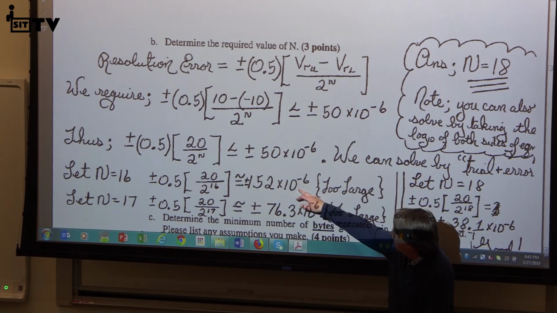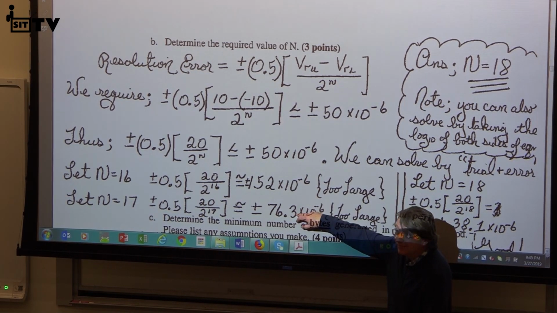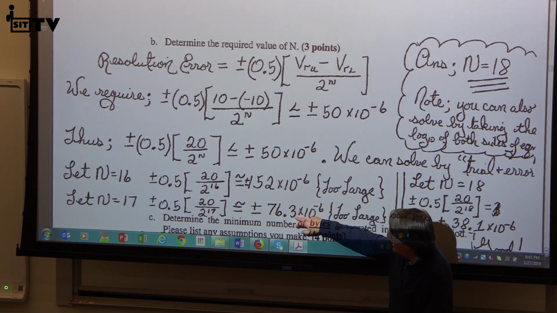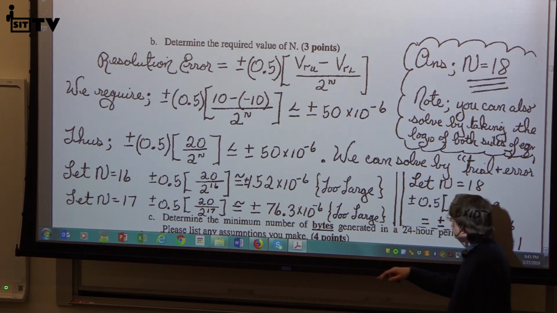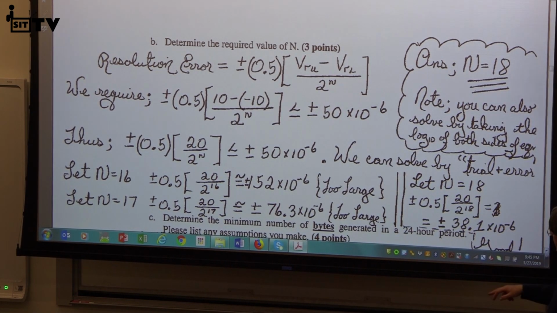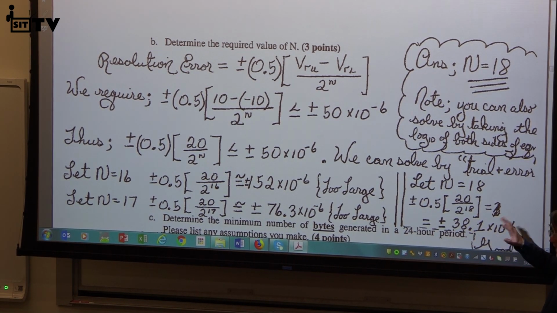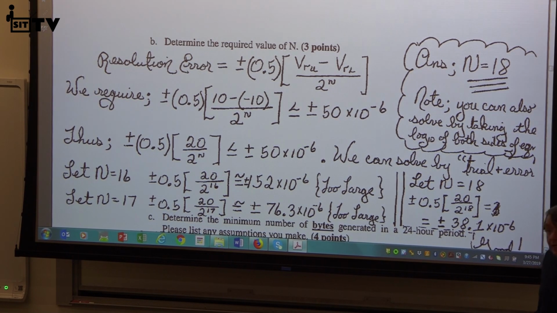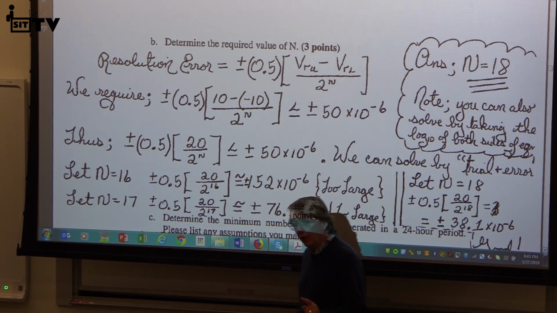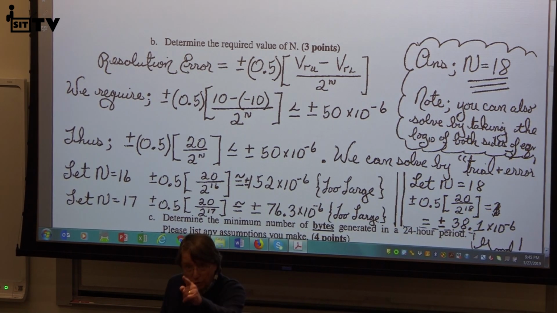Notice it comes down by a factor of a half. So n of 17, half of that, roughly 76, still too big. Finally, I got to 18, and I got half of that again, which is about 38. So n is 18. I need an 18-bit A to D converter to meet the resolution requirement.